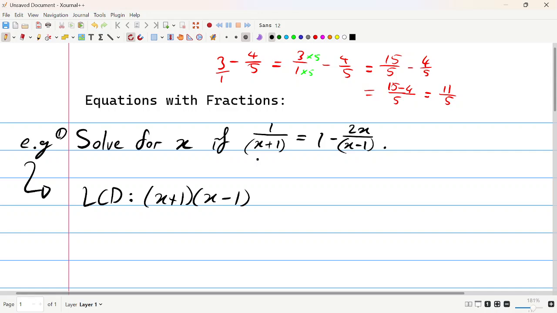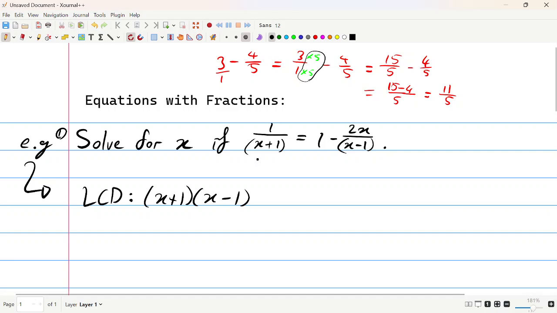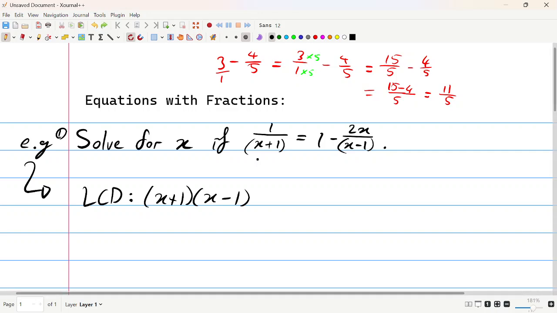Because remember the operation, what you do at the top, you do at the bottom, but you're multiplying. So that's where this multiplication comes from. You'll notice that 1 can actually be written as 1 divided by 1, where the numerator is just 1. But we don't have to put that down. It's such a waste of time.